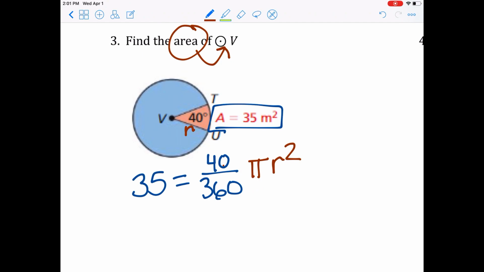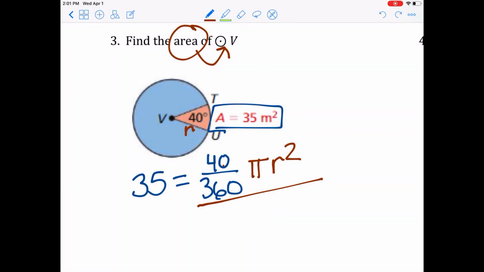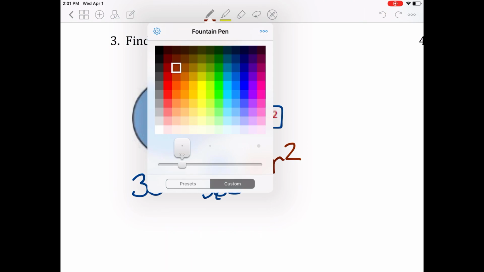Now, yesterday, or 2 days ago, Mr. Grum in his video said to divide by the fraction 40 over 360. And that is correct if that's the way you are understanding how to do it. I'm going to show you a little bit of a trick. So we're going to do a quick little mini lesson about why this makes sense.